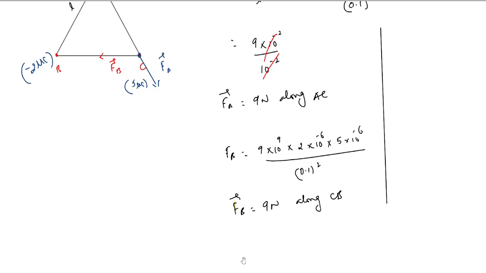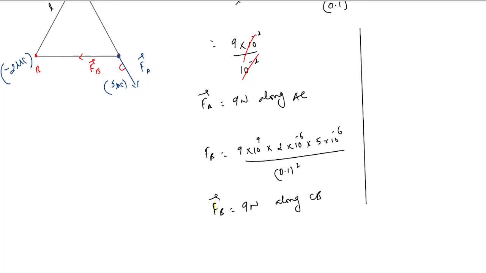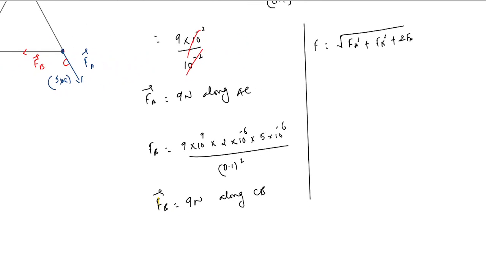You need to find their resultant. So the resultant, we saw in the previous example, is given by the under root of Fa square plus Fb square plus 2 into Fa Fb into cos theta.